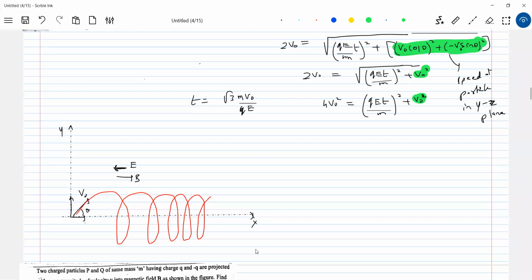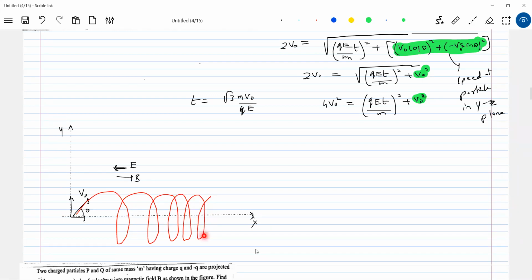For it to retrace its path, what is the basic necessary condition? Everyone please do think, will it retrace its path? If the x component of velocity becomes 0 on the x-axis, and the particle has a velocity like this, then it can retrace its path.